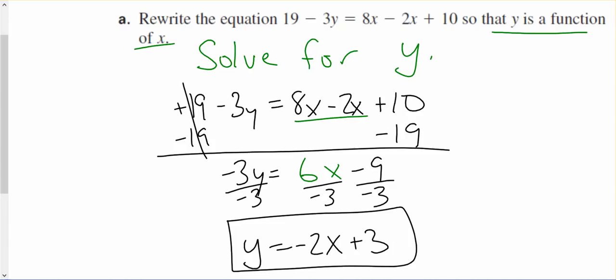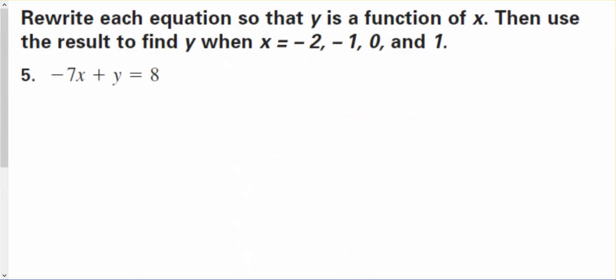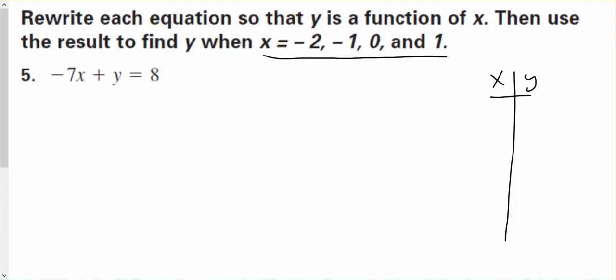Here they'd only be getting paid $2 an hour. So let's try doing this one. You guys do this, and then at the end you're going to substitute in those values for x and solve them. We could make ourselves a little XY table: negative 2, negative 1, 0, and 1. So you'll substitute those in after we solve for y.